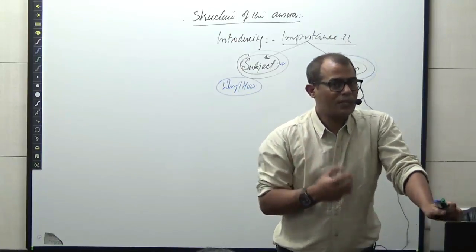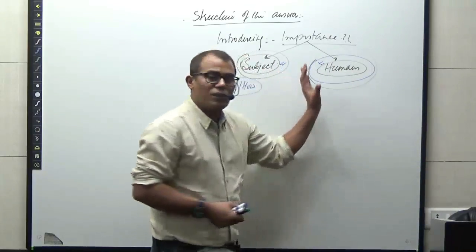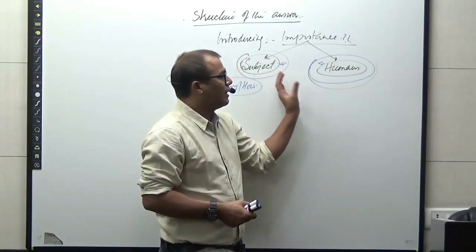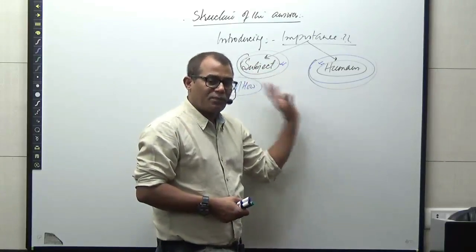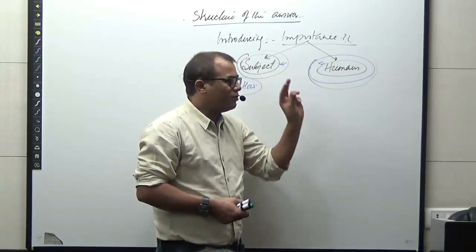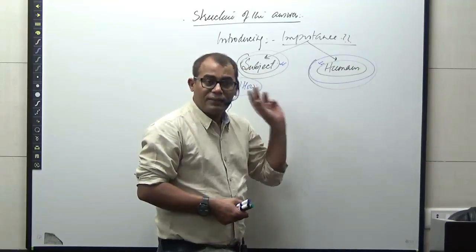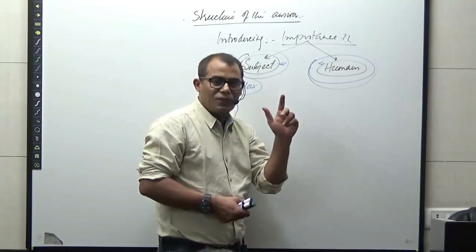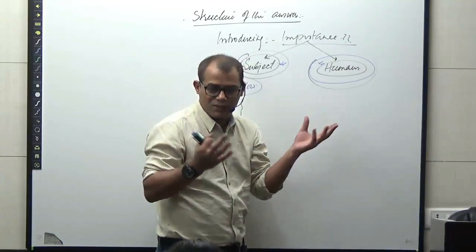So everywhere you should try to reflect this feeling. In the introductory line, the importance of the subject must be highlighted in a very crisp, very short manner. And there you have the role of quality writing, wherein in, let's say, 15 words, you convey a volume of information.